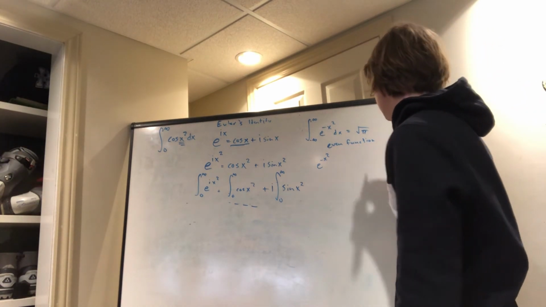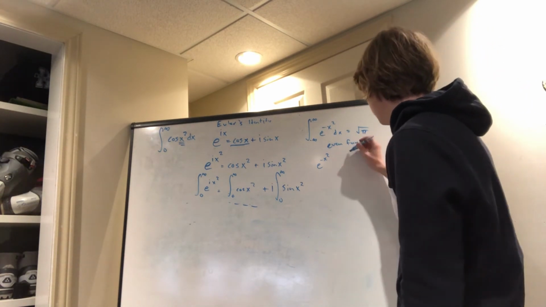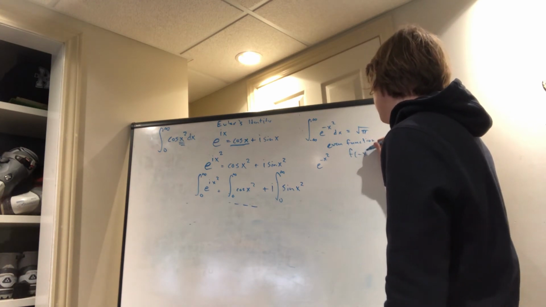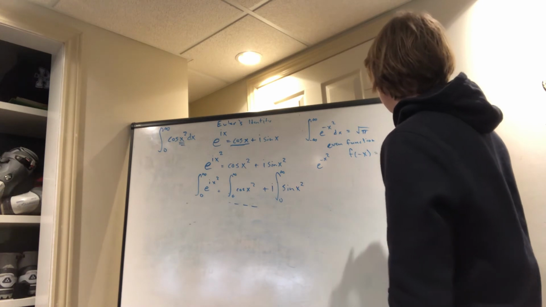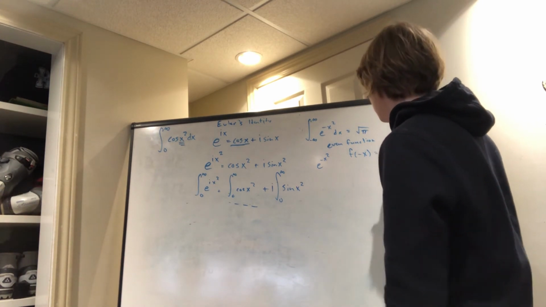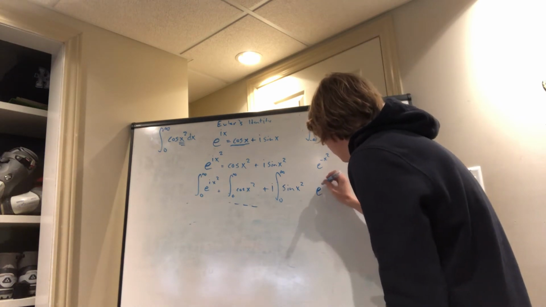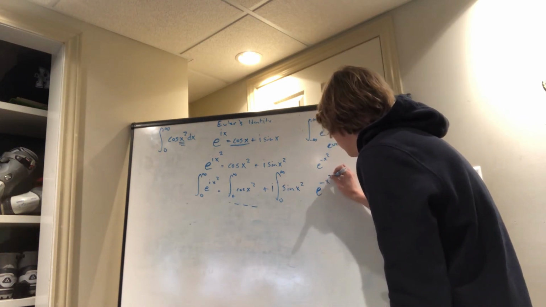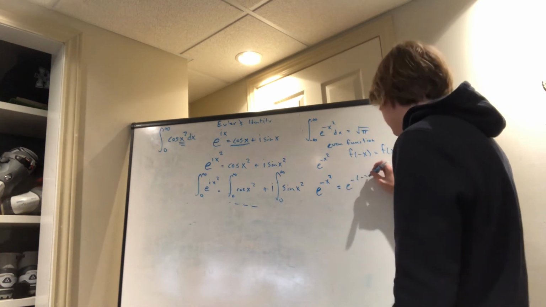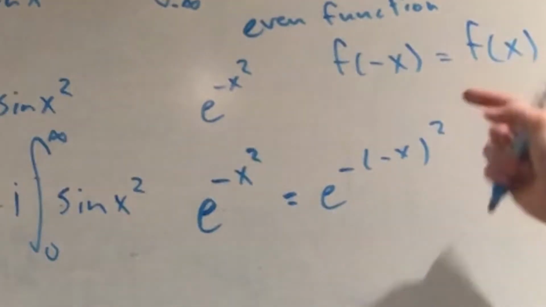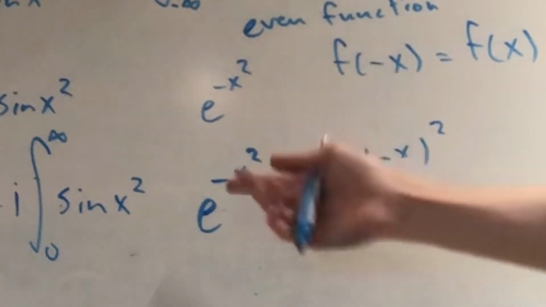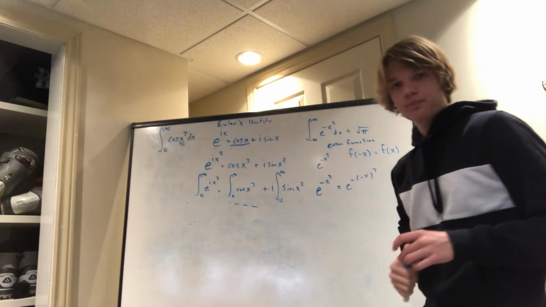Well, an even function is if f of minus x equals f of x. So e to the minus x squared equals e to the minus x squared. Notice, because if you square it, it'll turn positive, and then it's negative again, so it's the same.